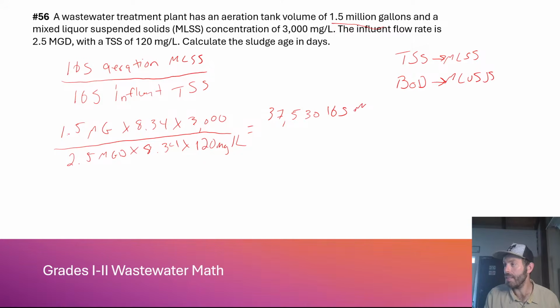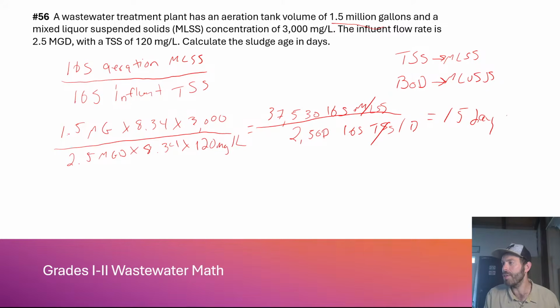Pounds MLSS divided by 2,502 pounds TSS per day. MLSS, for the sake of math and lab, is the same thing as TSS. Those cancel out and you're left with days. You do that division problem, you should be getting somewhere around 15 days as your sludge age.